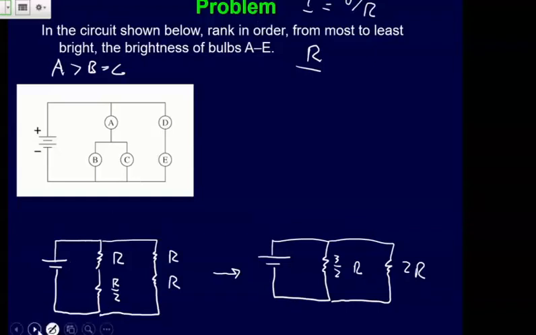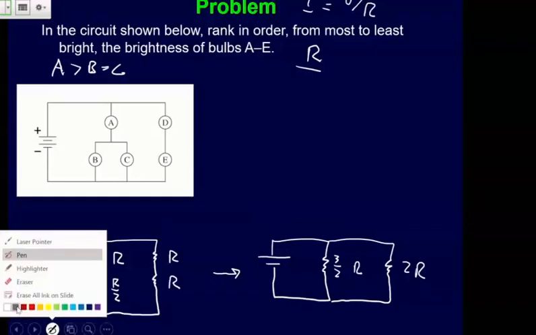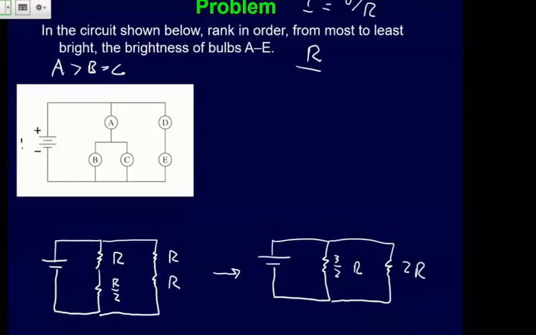And the current, as usual, is just going to be I equals V divided by R. So if we call the voltage here V, for instance, then the current that comes through here is going to be V divided by 3/2 R, which works out to be V over R times 2/3. That's the current going through A, and I figured that out using Ohm's law.